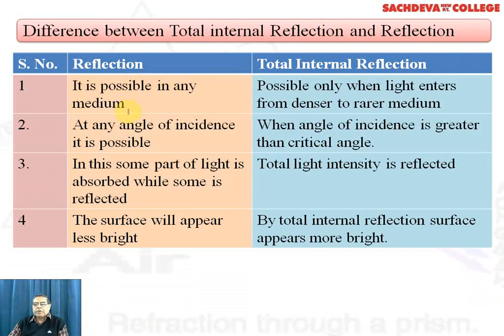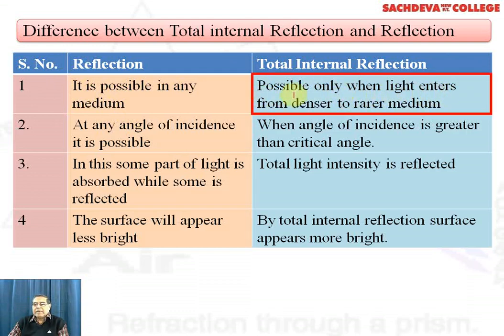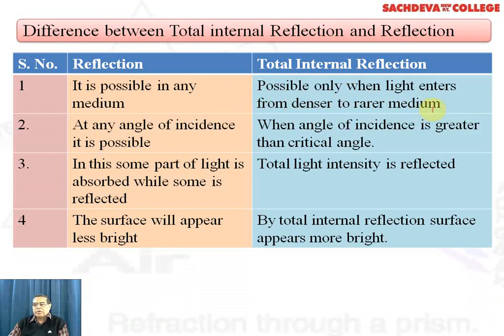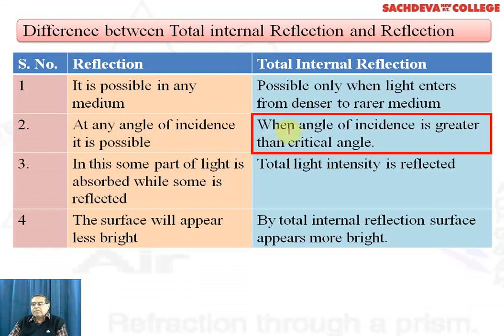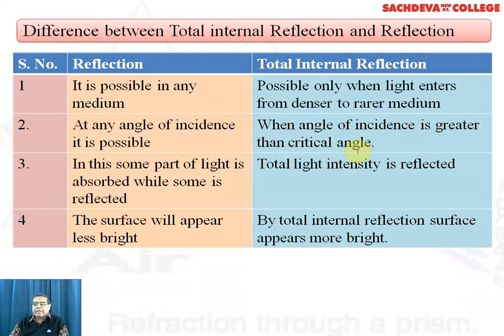But total internal reflection is possible only when light enters from a denser to a rarer medium, as shown right in the very beginning of the lecture, where we took the water and air interface. Second point: reflection is possible at any angle of incidence. But total internal reflection takes place only when the angle of incidence is greater than the critical angle.